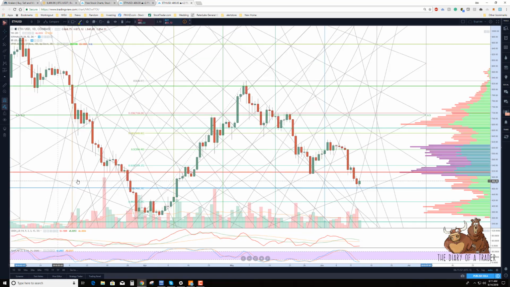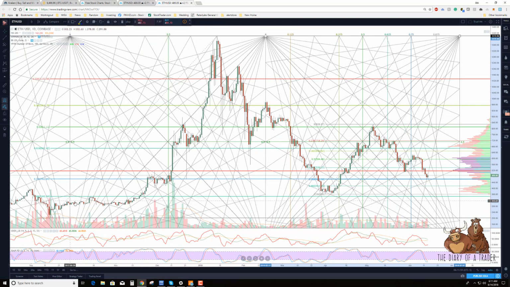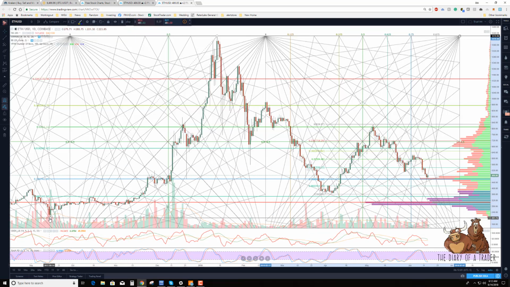And that is shared by the fib level that starts from the initial swing low of the breakout of Ethereum to the all-time high. So that is the same zone we're finding. And actually, as we're looking at the volume profile here on the right, another reason why we may have found a bottom is that this is a high volume node that we're at.